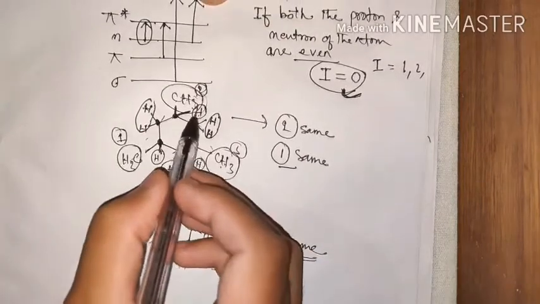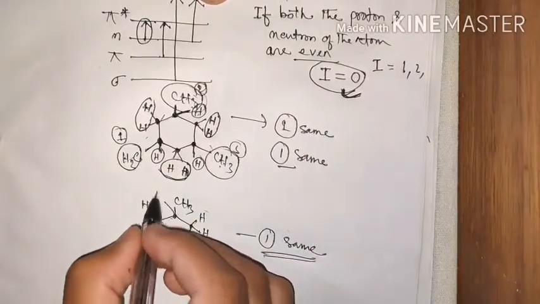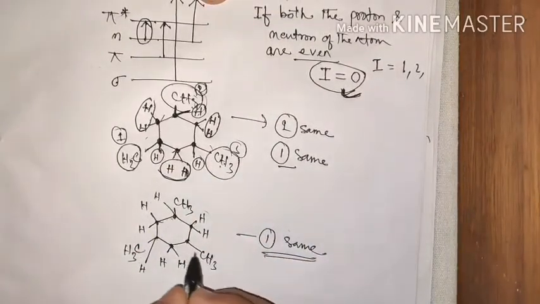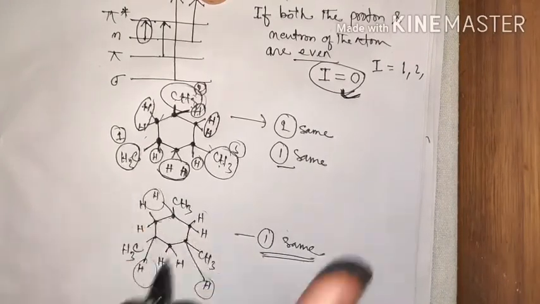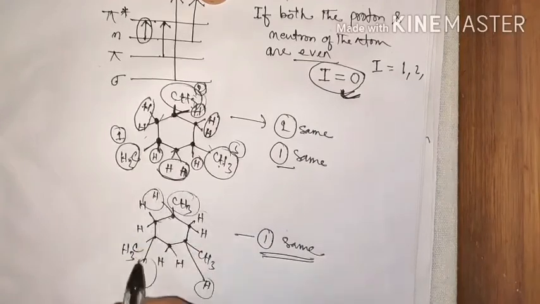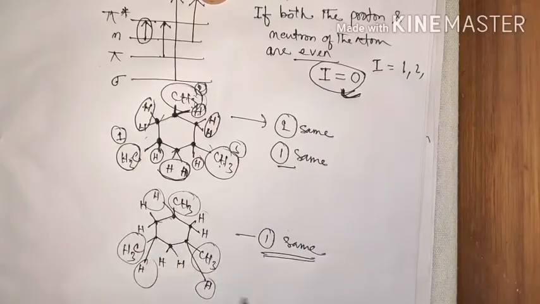And similarly the hydrogens attached to the methyl group, here will be hydrogen, here will be hydrogen, here will be hydrogen, they will also give a single signal. And similarly this methyl group is giving another single signal.